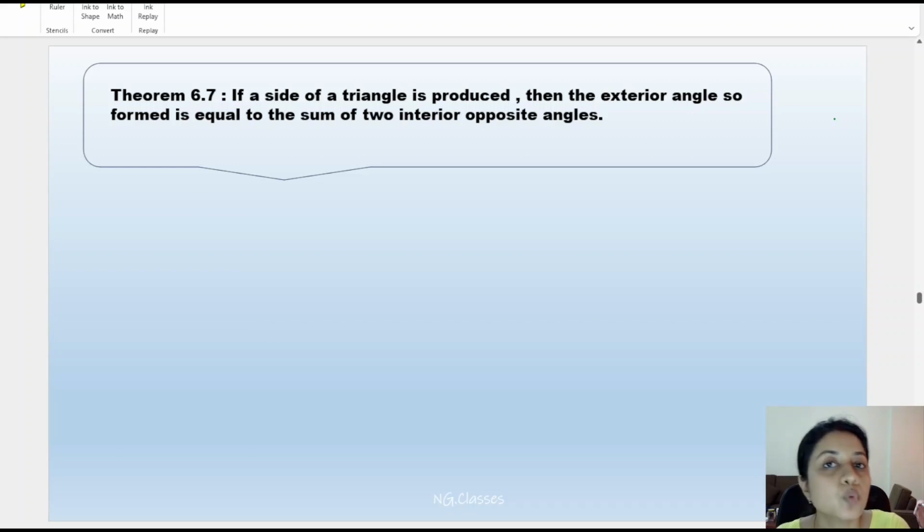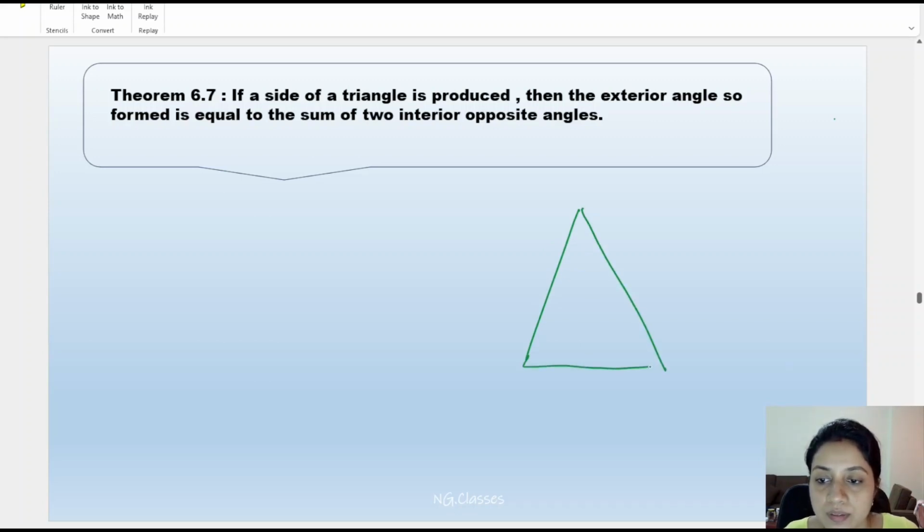Now let's see one more theorem. So here the next theorem says if the side of a triangle is produced, then the exterior angle so formed is equal to the sum of the two interior opposite angles. Let's understand it with the help of a figure. So if we are having a triangle like this, let's say it's a triangle ABC.